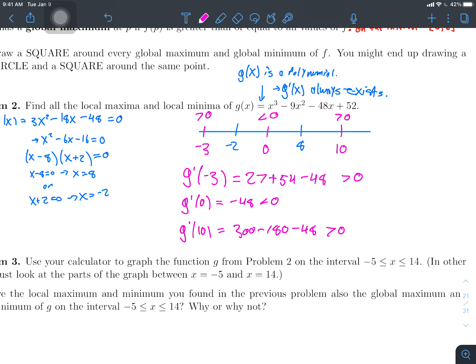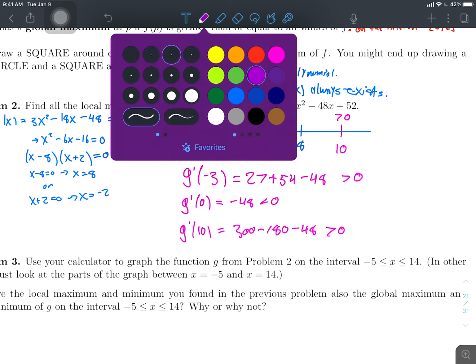Okay, so I see that the derivative goes from being positive to then being negative to then being positive. So the general shape of this function is that it's going to be increasing, and then decreasing, and then increasing again. So that tells me that I'm going to have a local maximum at x equals negative 2 and a local minimum at x equals 8.